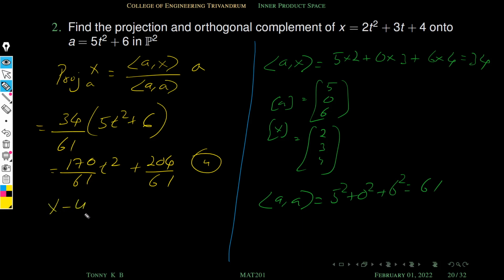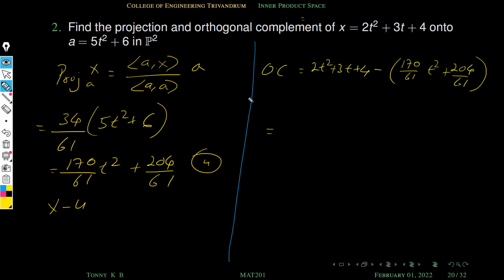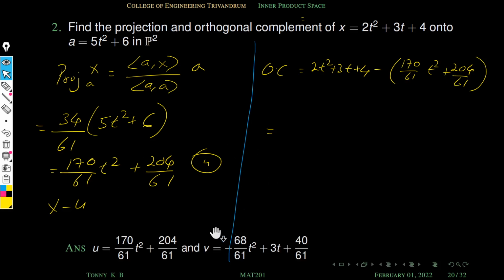Yes, that is x minus u, the vector x minus the projection. On simplification, the orthogonal complement is 6 minus 68 by 61 t square plus 3t plus 40 by 61.